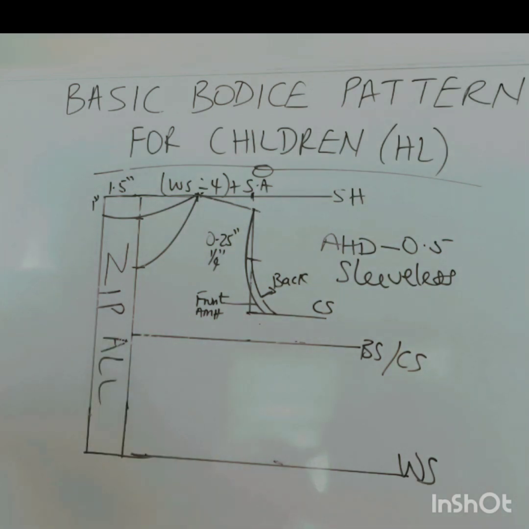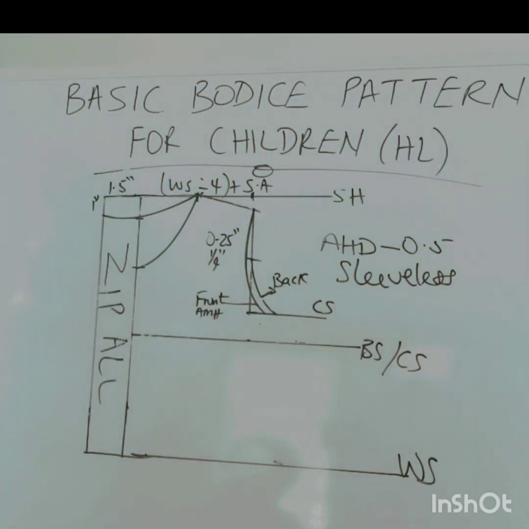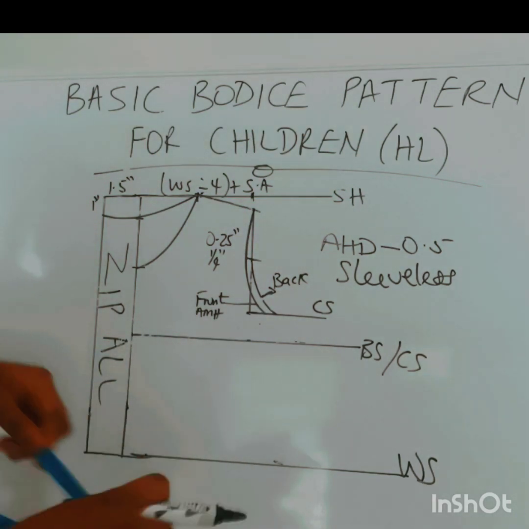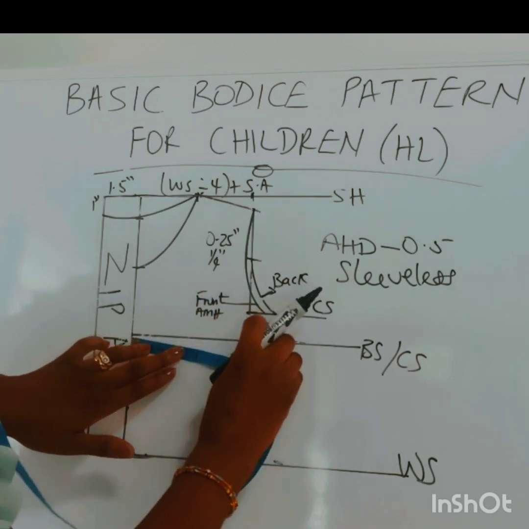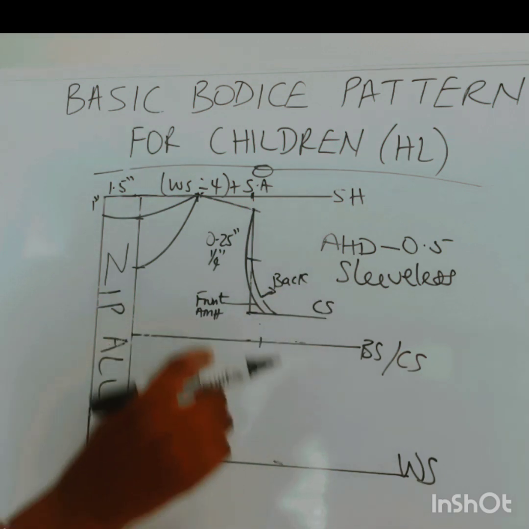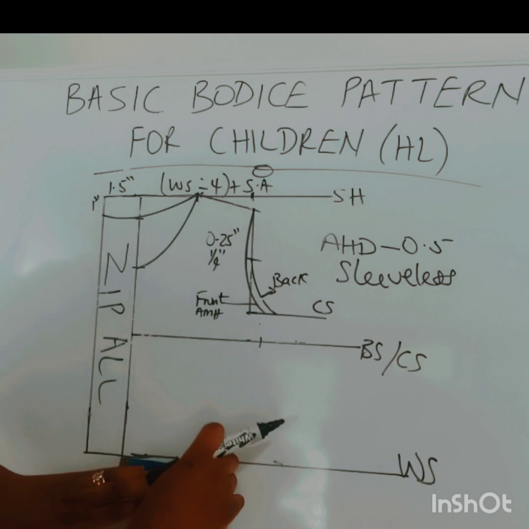So that is basically all for a basic bodice. So the next thing is to now input the chest measurement, the chest circumference divided by 4. In this case, it is 21. 21 divided by 4, that is 5.5. And then the waist is 20 divided by 4, that is 5.